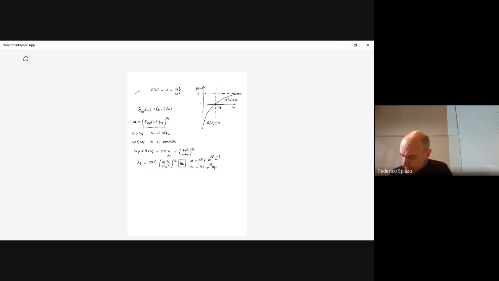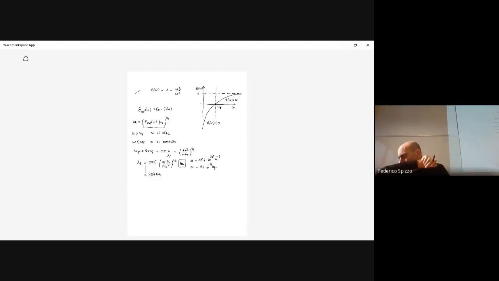And then if we use epsilon 0, make the square root, what we find is that lambda p is equal to 397 nanometers. 397 nanometers means close to the UV range of the spectrum.